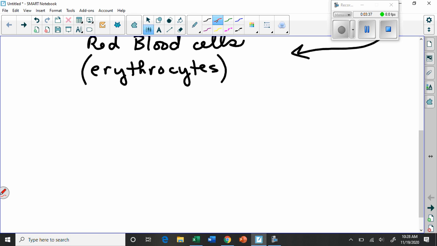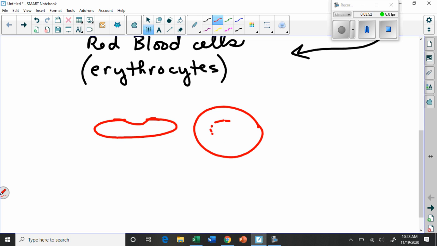They're basically flat disc-shaped cells, but let me draw. They have a sort of dent in the middle. So when you look at them from the top, there's this region in the center that's kind of depressed or dented. And actually the dent is on both sides, so I should draw my picture with this little dent like this.